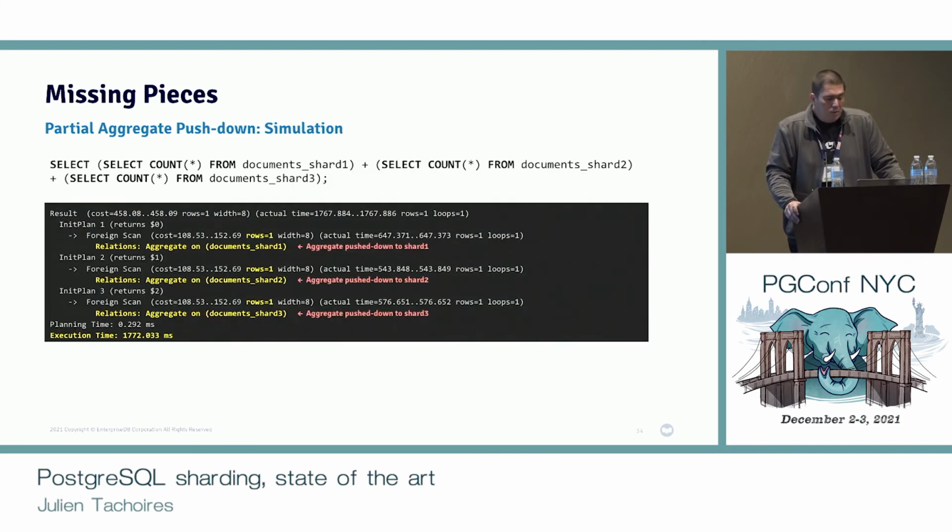If we want to simulate how the partial aggregate pushdown may work, let's rewrite this query this way. We are going to count the number of rows of each partition, and then we are going to do the final sum once we have each count. This is a very dirty query, but this is just for illustrating how partial aggregate pushdown may work.